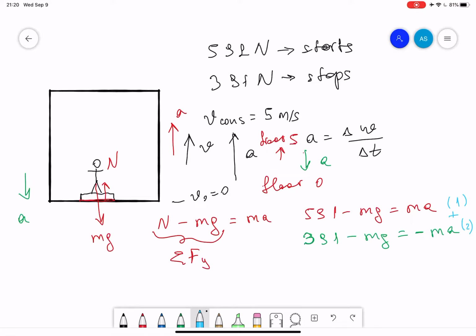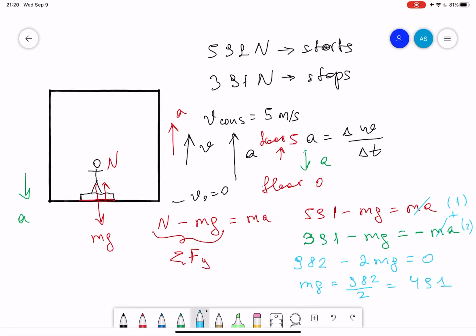Once we sum them, what will we get? 591 plus 391 will give us 982 minus 2mg, which is equal to 0, right? Because the ma terms will cancel out when you add them. Then you can say that mg is equal to 982 divided by 2, which will give you 491.